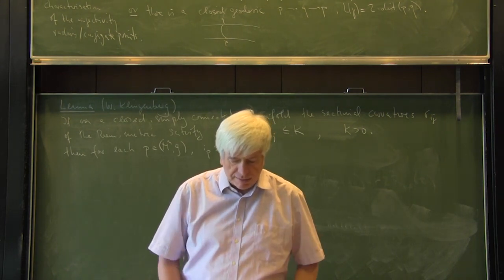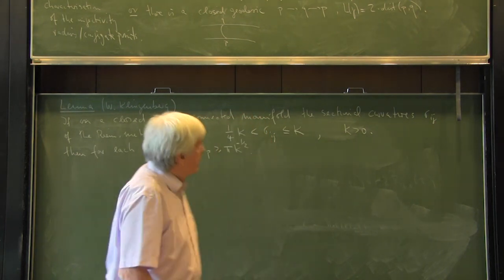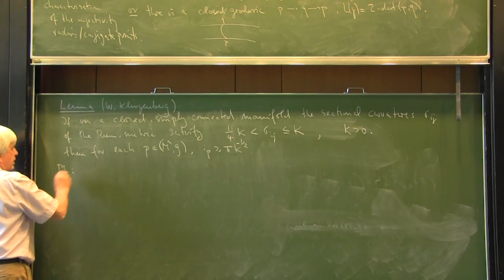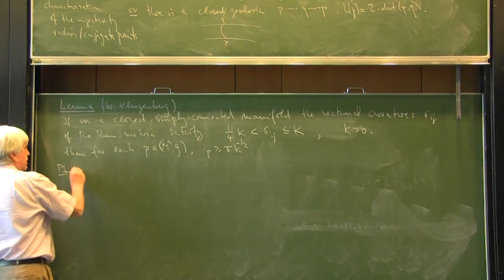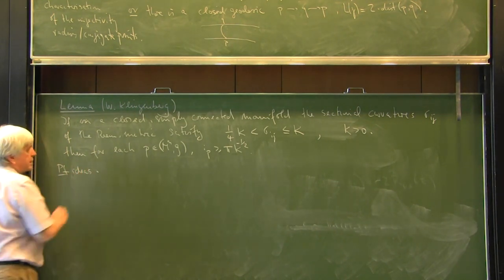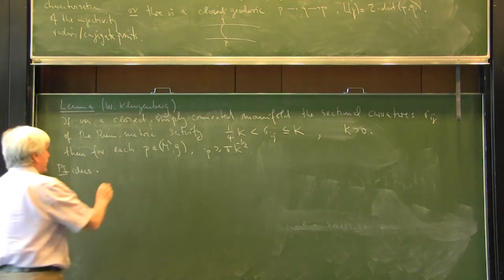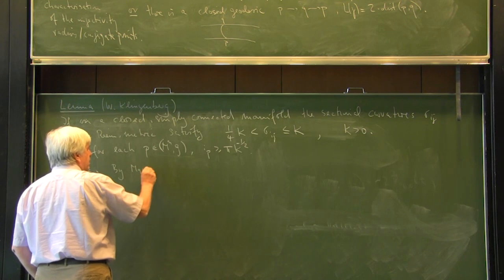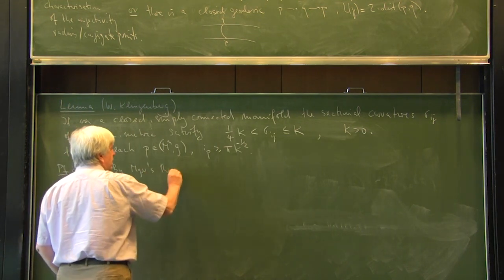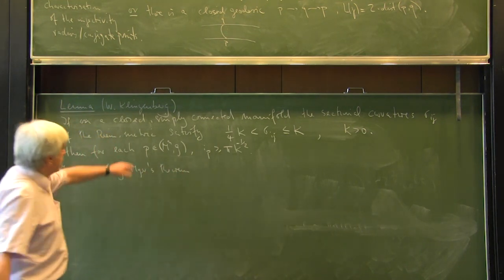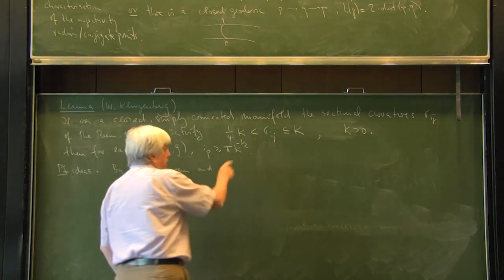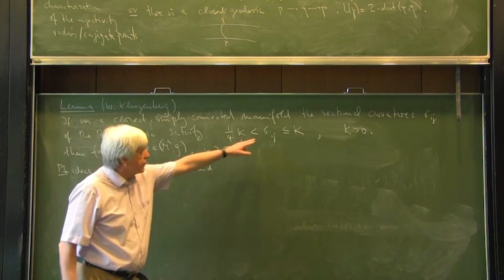Now, the proof ideas, just as a comment. Proof ideas is that, note by Meyer's theorem, and the lower bound that you get on the Ricci curvature.